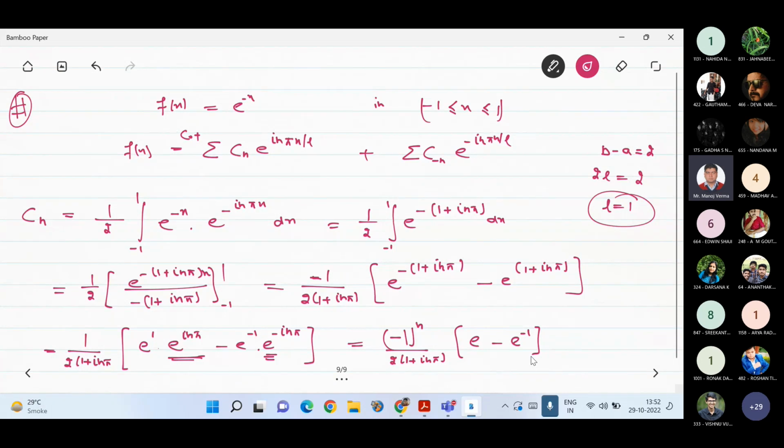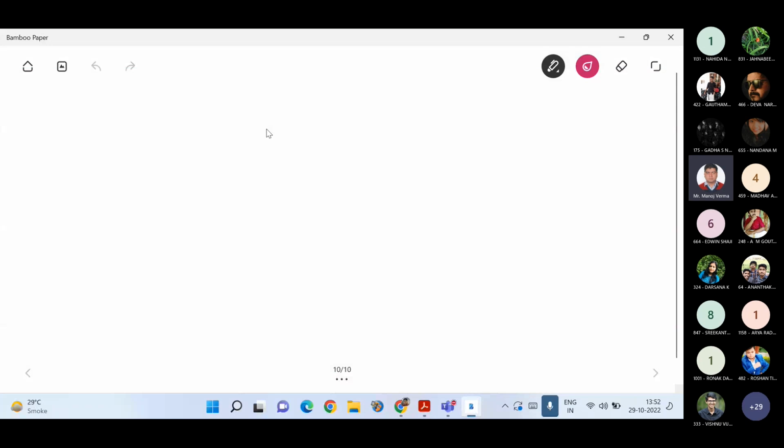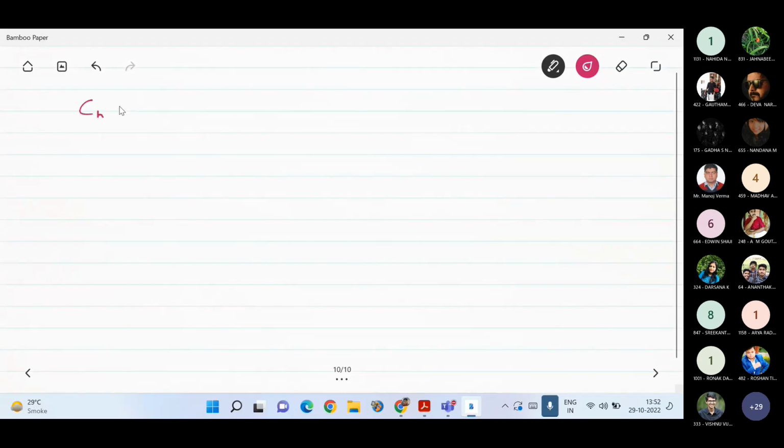So it will be this: e minus 1 times -1 raised to the power n divided by 2 times 1 plus iota n pi. Okay, so this Cn is now -1 raised to the power n times e minus 1 divided by 2, and inside I am writing as 1 plus iota n pi.